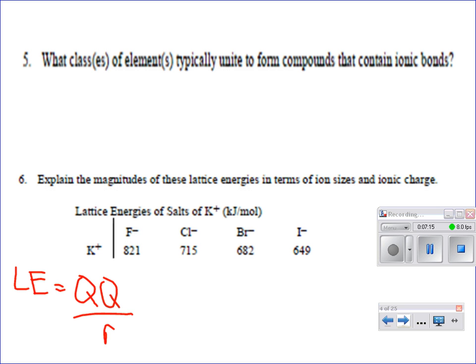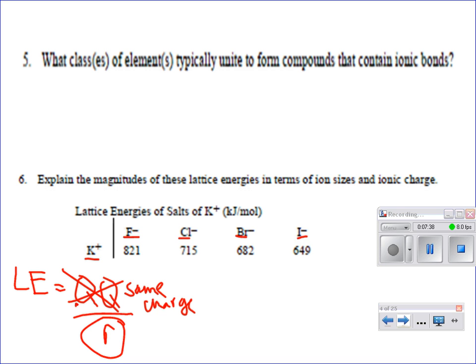So let's look at the two things. Remember, lattice energy is affected by charge and radius. Is charge going to be a reason why the lattice energies are different? No, because they're all the same charges. All those anions are -1. So that's not it. Same charge, so that can't be the thing making these different. It's got to be radius.